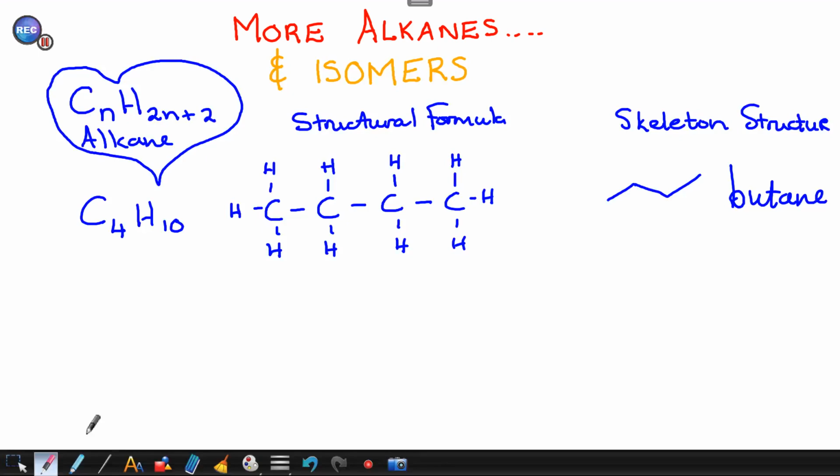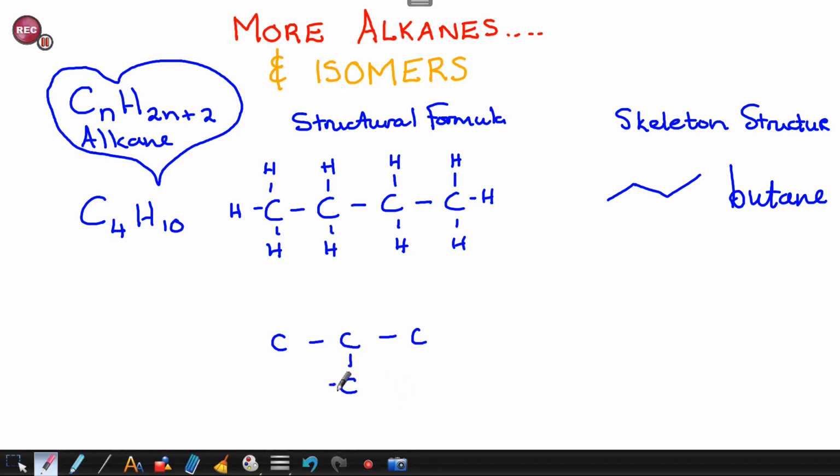Now this is an isomer of butane. So I'm going to draw it here. It's still C4H10, but now one of these carbon atoms has moved to the second carbon in the chain, the middle carbon of the chain.